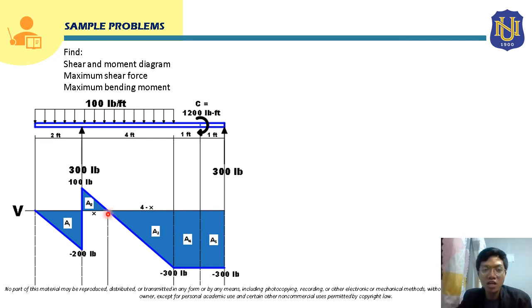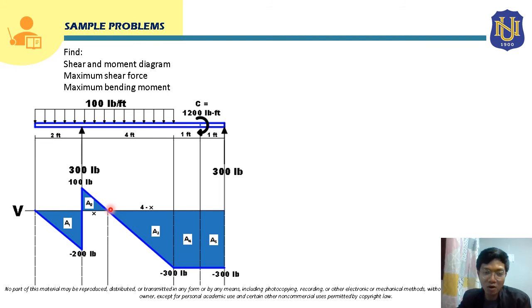So in this shear diagram, the graph passes through the x-axis at this point. So we have to determine this distance. Let's say this is distance x. Since this is 4 feet, the remaining distance will just be 4 minus x.